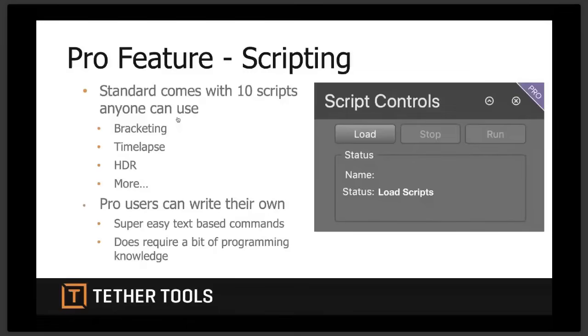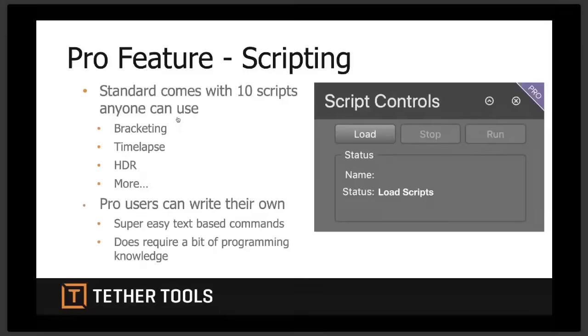So it does require a little bit of programming knowledge. The idea of running sequential commands through a text file is basically what it's doing. You can do some more advanced stuff with variables and functions and stuff like that. But that's, again, why we put it into the pro version. If you want to mess around with it, it's there.